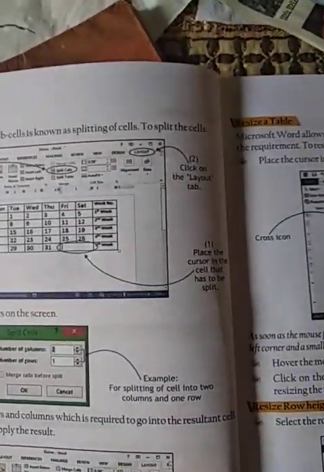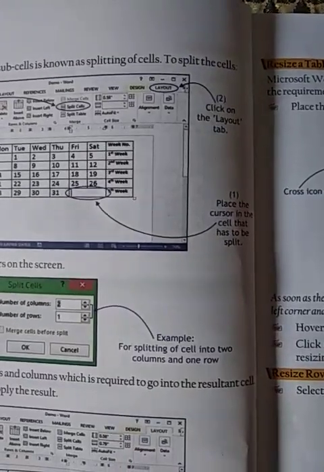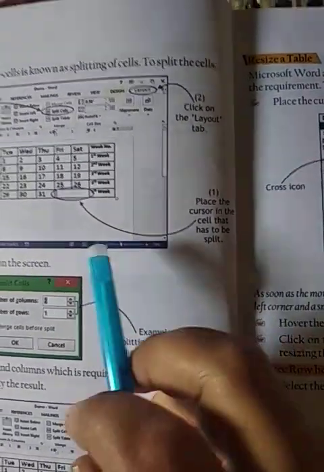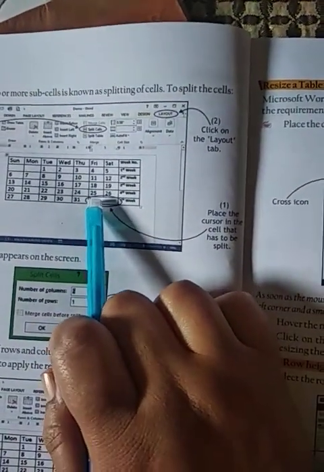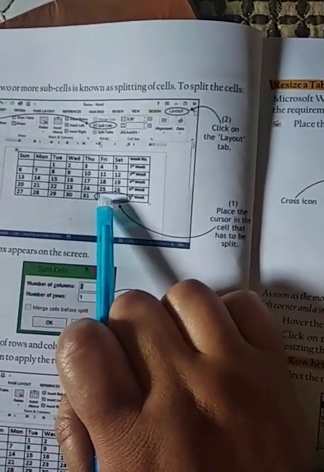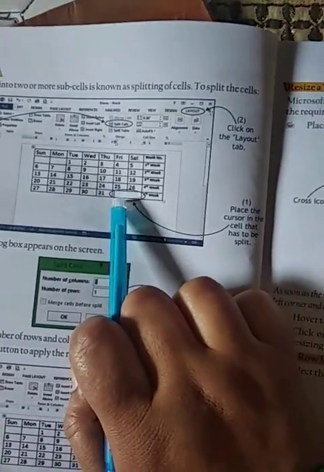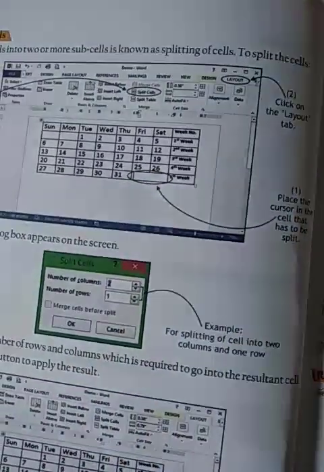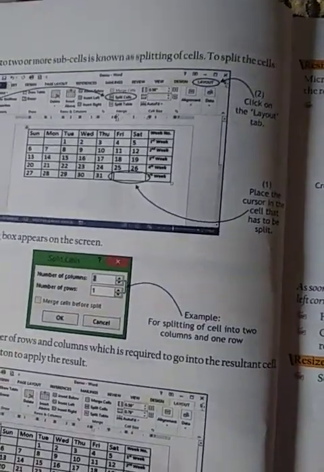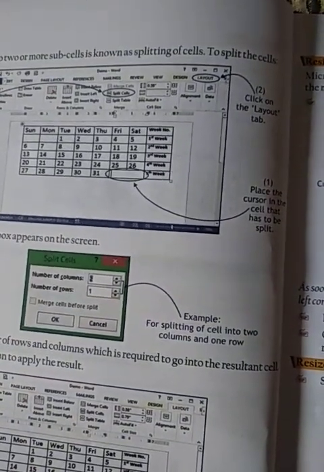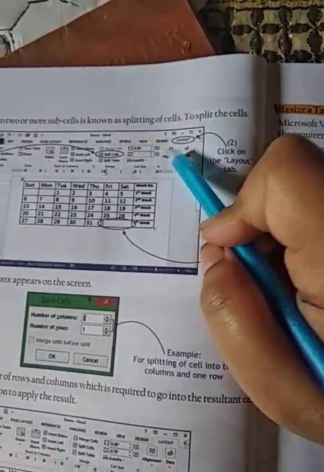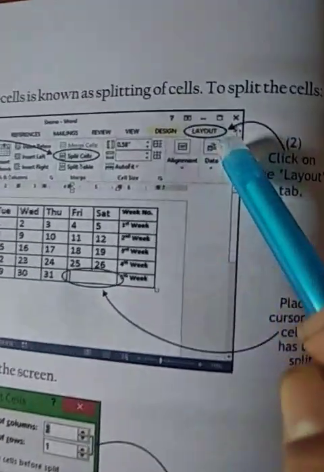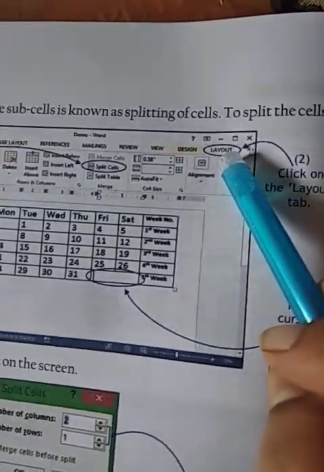Now how to do this task? First of all, we will take the mouse over here and place the cursor in the cell we want to split. Then click on the Layout tab. See here, on the rightmost corner you will find the Layout tab.